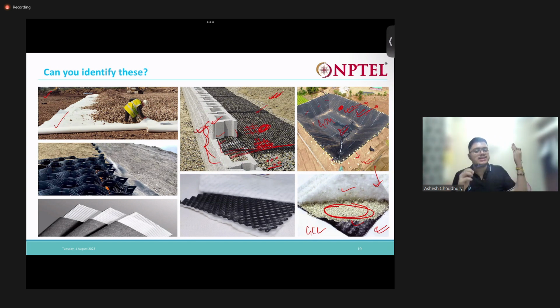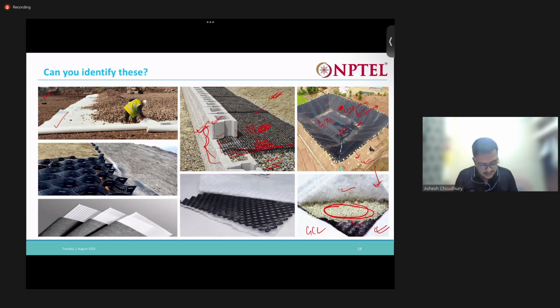This does not allow the harmful gases and the harmful chemicals released from the industrial waste or the landfill waste, the household municipal solid waste (MSW) dumped in the landfills. It helps to contain the harmful substances within that. So it acts as a barrier.